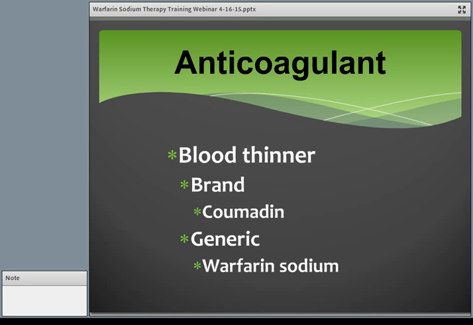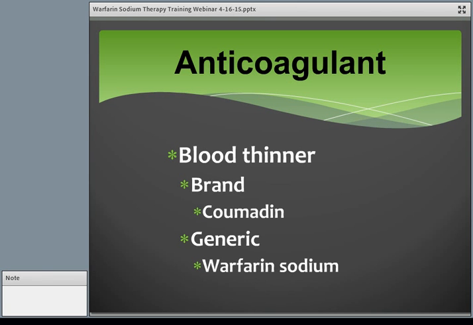An anticoagulant is a substance or medicine that prevents blood from forming clots, often called a blood thinner. Warfarin sodium is an anticoagulant medication used to prevent harmful blood clots from forming. Often, warfarin sodium is used in the treatment of atrial fibrillation, after a recent heart attack or after certain surgeries, for a deep vein thrombosis or a pulmonary embolism.